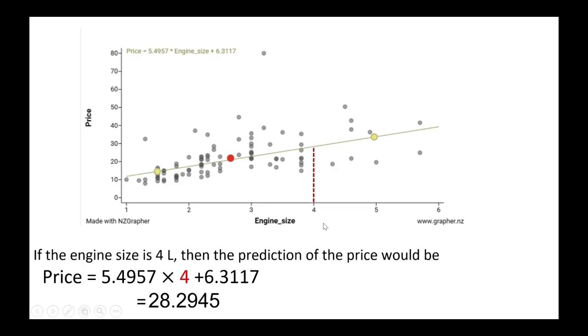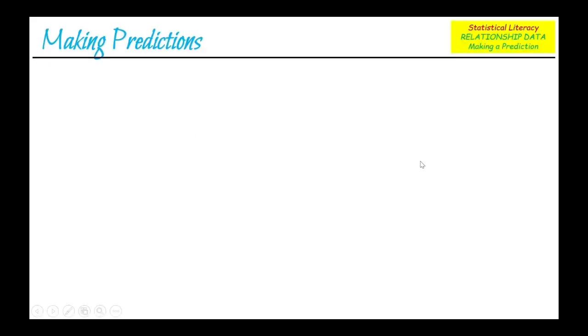If you know that engine size is 4 liters, you draw a line from 4 liters all the way up until it hits the line of best fit, and then extend it horizontally to the y-axis where it shows price. You can see it's about 26.7-ish. Maybe the way I drew the line is not that accurate, but it's pretty close to what you get from the equation.